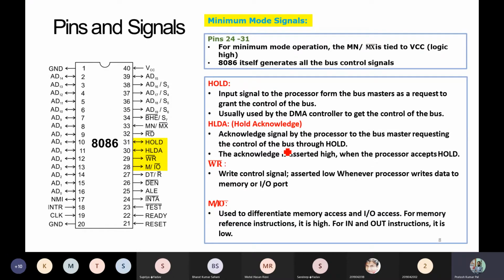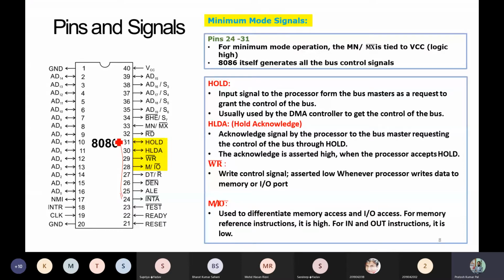Next are pins 24 to 31. These pins are basically activated for the minimum mode operation.